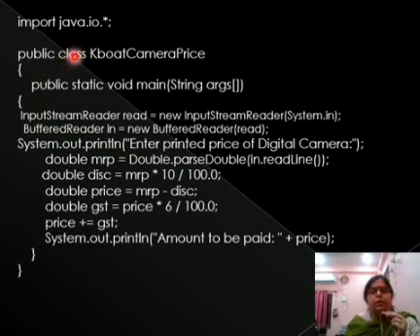Okay, import java.io, class Camera, public static void main. Here by mistake throws IOException has not been written. You all have to write it. Okay, in the PDF it will be corrected. You all have to write throws IOException. Now InputStreamReader like that. We have taken here the price of a digital camera. Okay.